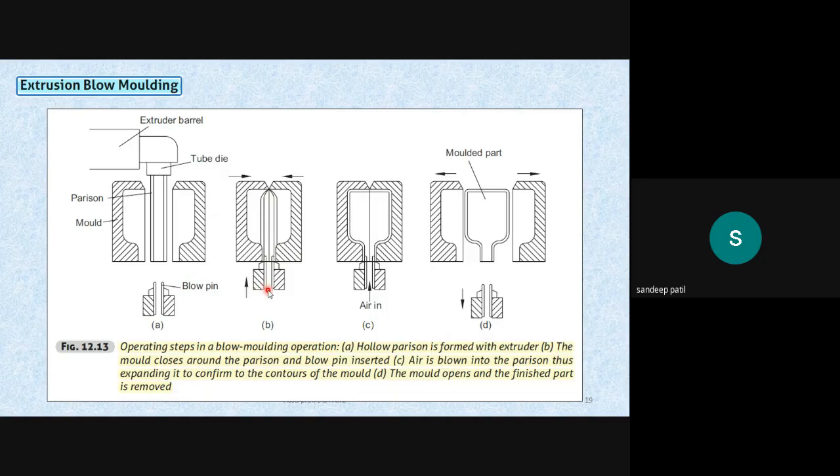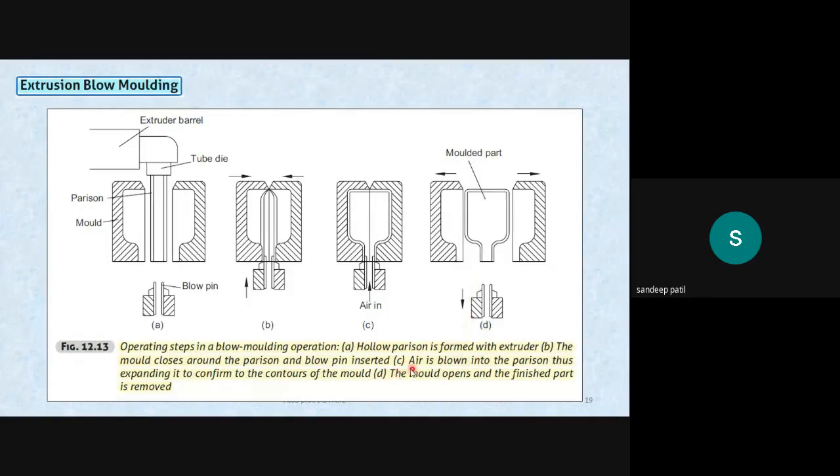The blow pin is inserted, and through this blow pin the air is inflated. Once the air is inflated into this parison, it takes the shape of the mold, and then the mold is taken out. We get this molded part, and the blow pin is also taken out.